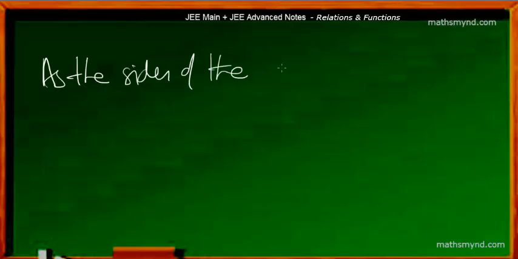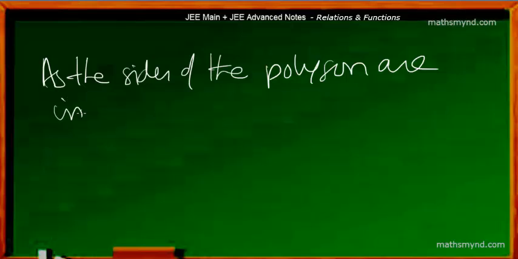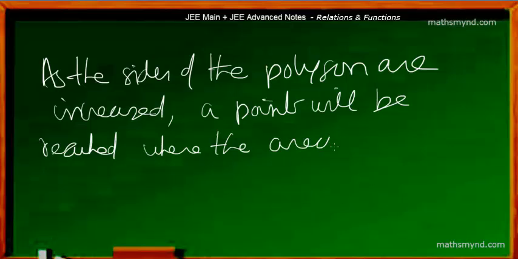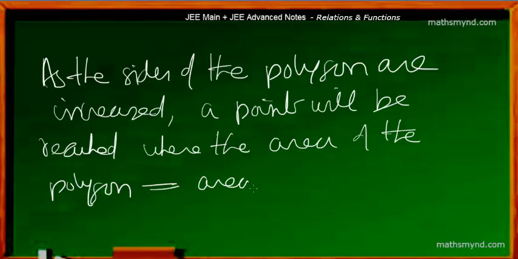Now, as the sides of the polygon are increased, a particular point will be reached where the area of the polygon would be equal to the area of the circle which surrounds it.